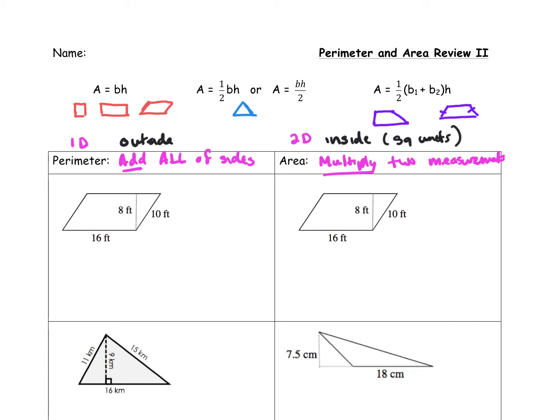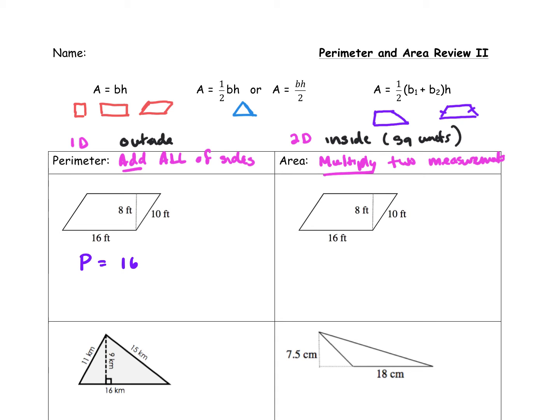So let's begin. Let's go ahead and look at this first one. Now this is an example of what I want to show you where sometimes they give us more measurements than we need. We're trying to find the distance around the outside. So we don't really care about the height when we're doing perimeter. So in order to find the perimeter, we just need all the measurements on the outside.